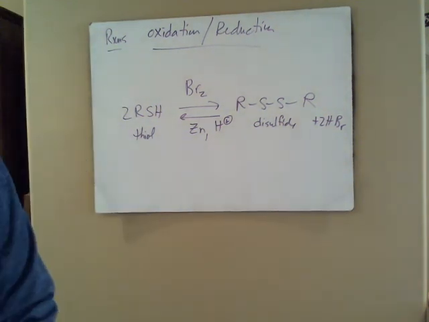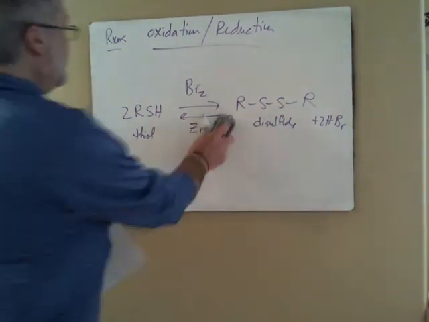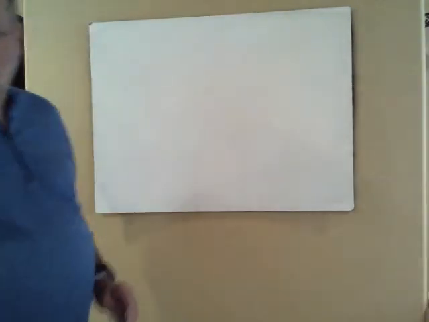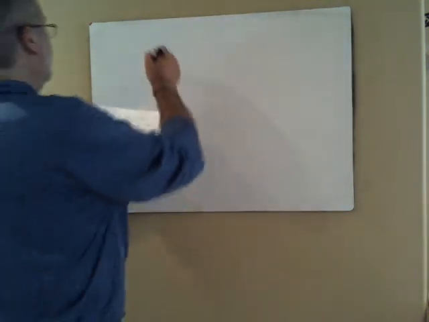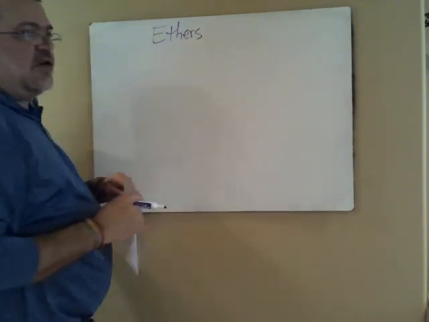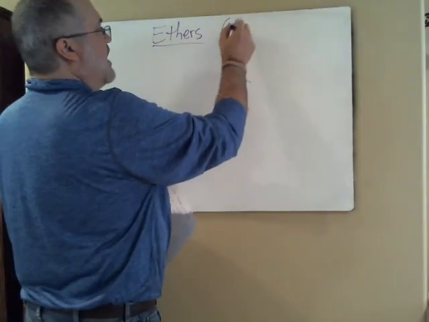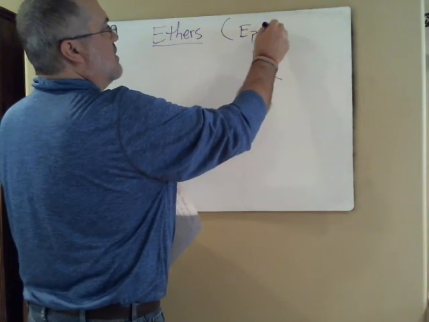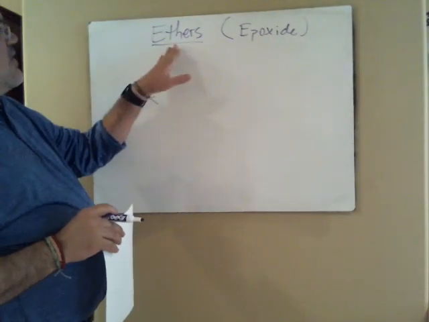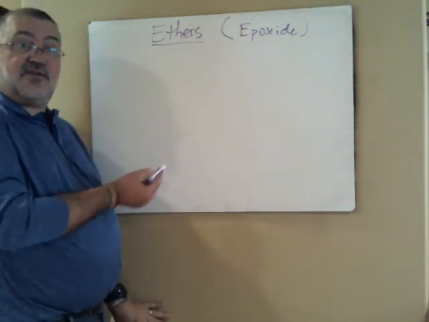All right. And that brings us to our discussion of things related to alcohols and thiols. It brings us to ethers. We're going to talk briefly about ethers and also a special kind of ether, epoxides. Why would epoxides, even though they're ethers, have a special little section of the next lecture?